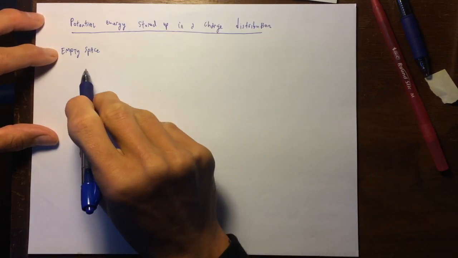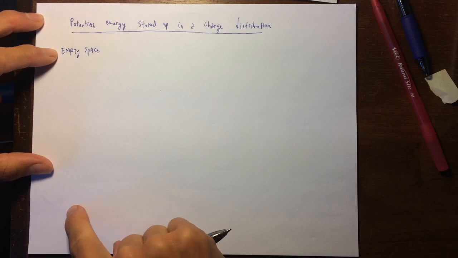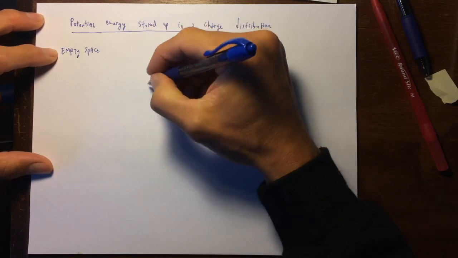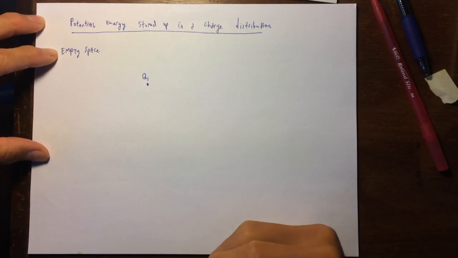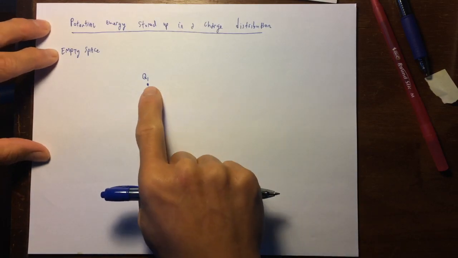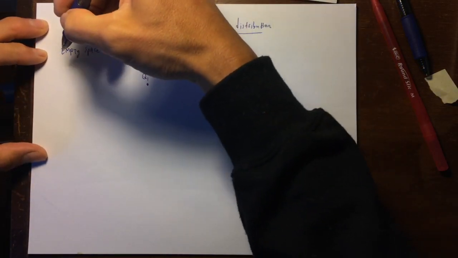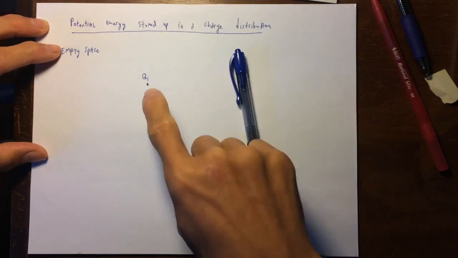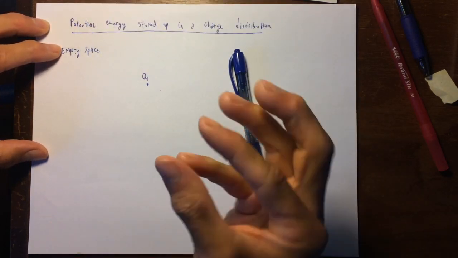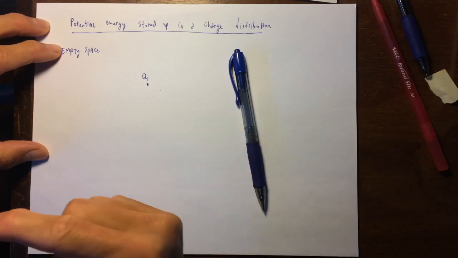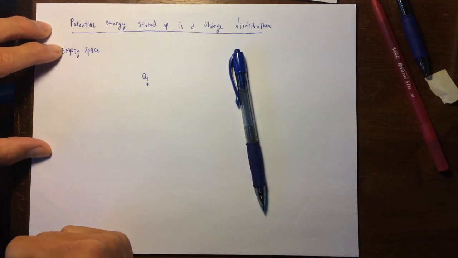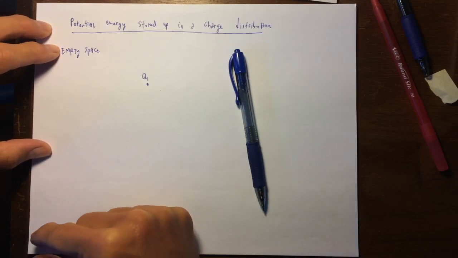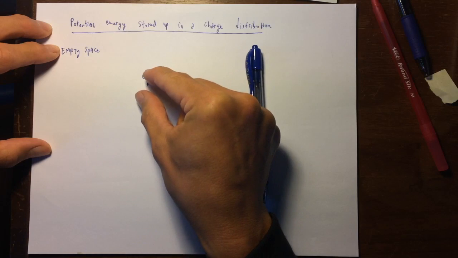So in the empty space, I'm going to migrate in a first charge. So there's Q1. So now all of a sudden my space is not empty, but what I did was, let's say with an external force of some sort, I went really far away and I grabbed a charge from really far away from the empty space, and I bring this charge up and I place it there.